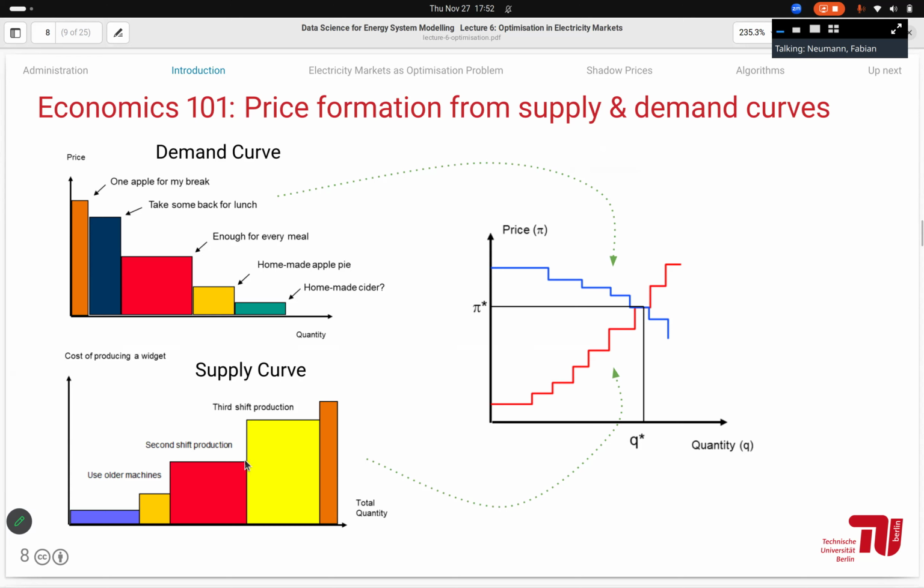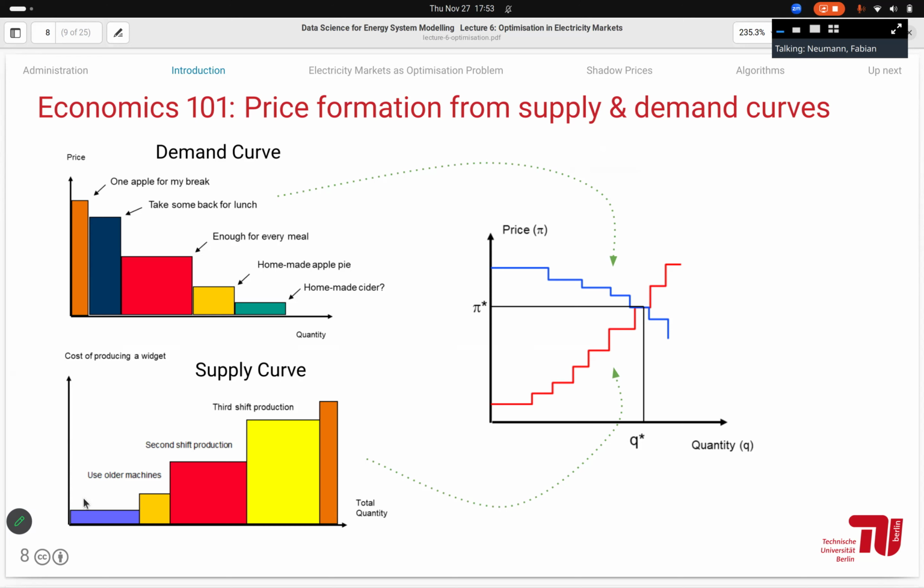And also on the supply curve, you have a similar principle: producing the first few units of something is relatively cheap, maybe because the first few units of the resource that you're using are quite cheap.